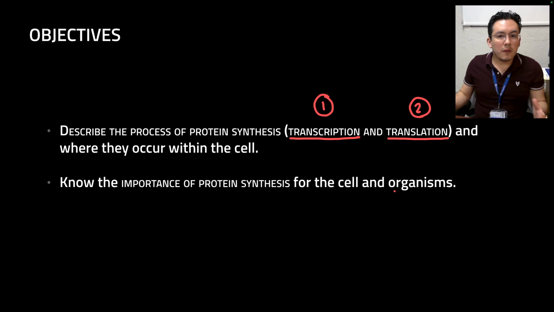So the purpose of this video is to have it in a very simplified way, what is going on in transcription and what is going on in translation, and how does this actually have an effect into what the final product is of this process, which is at the end is to make protein.